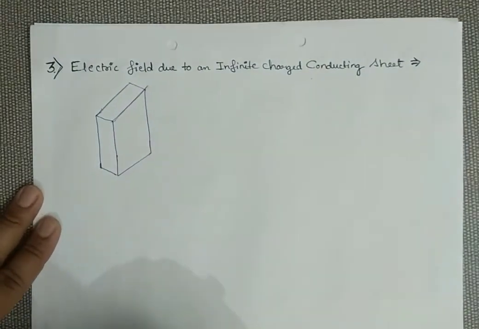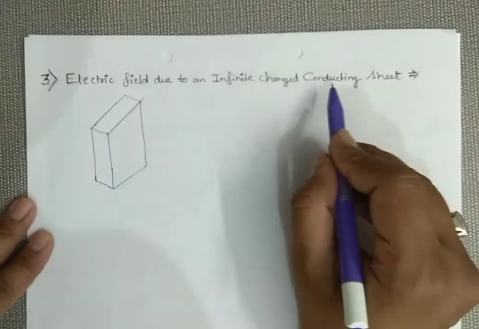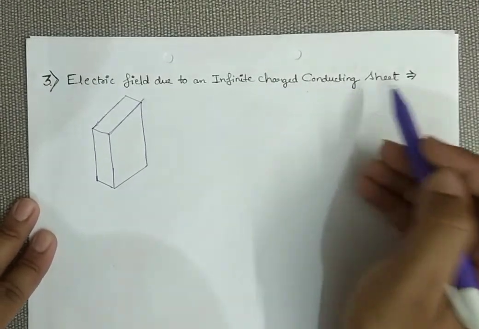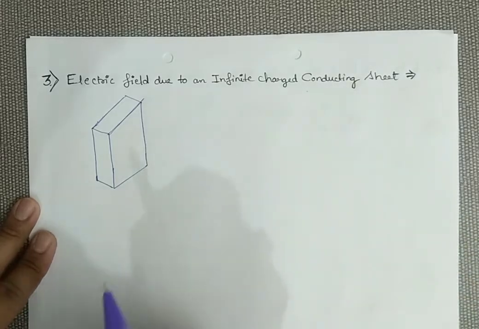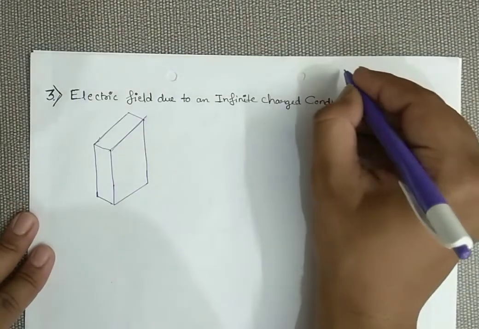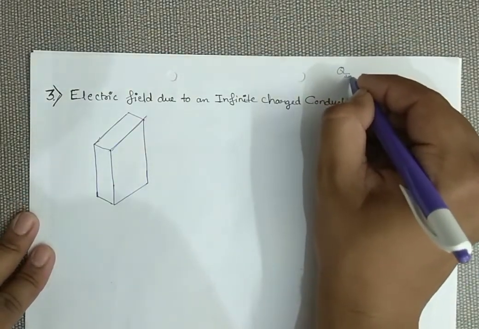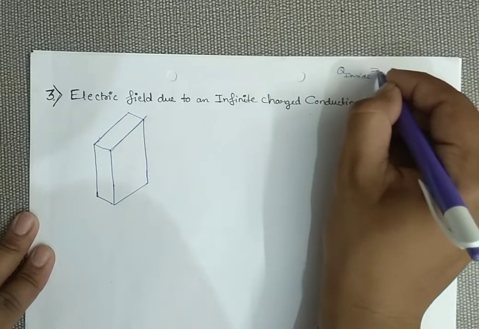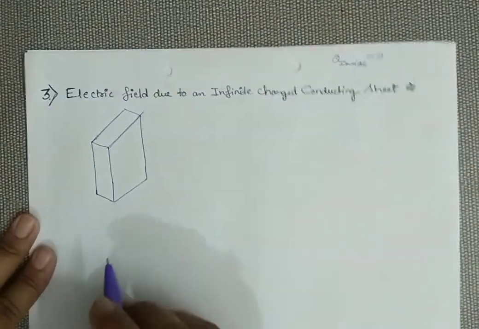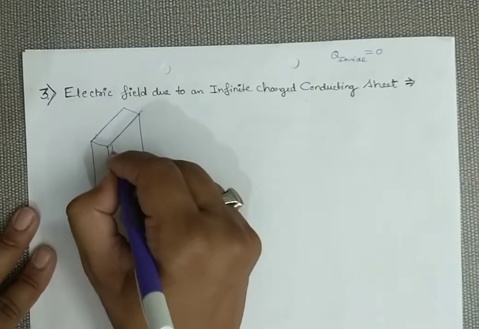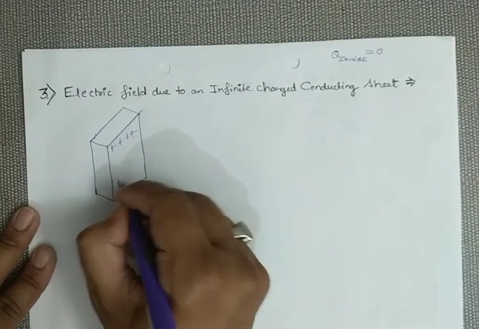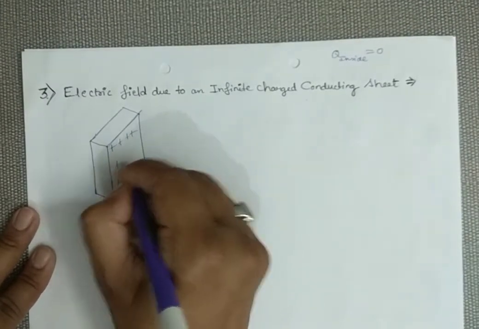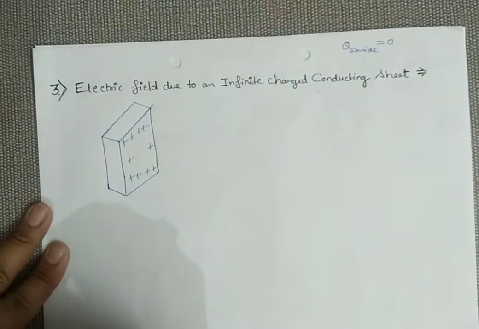Remember, a conducting sheet means a conductor, and the charge inside the conductor is always 0. There is no charge present inside the conductor, so whatever charge I give to this body will remain only on the surface.